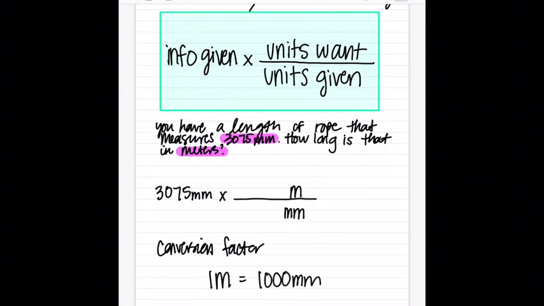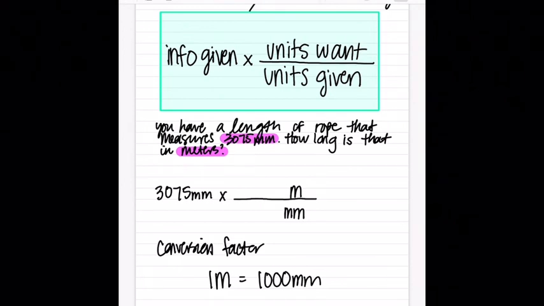You will always be given your conversion factors. If it's a simple one, like 60 seconds in a minute, 60 minutes in an hour, 24 hours in a day, you know those off the top of your head, so I'm not going to give you those. Those are common knowledge. But like this one, 1 meter is 1,000 millimeters, you may not know that one, so I will always give those to you. Don't worry about that.